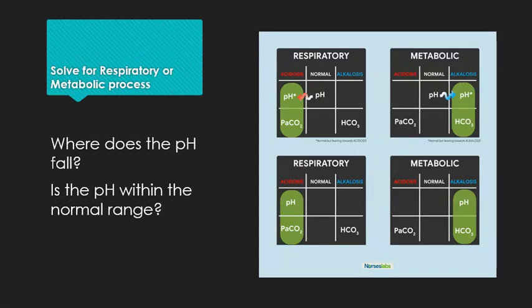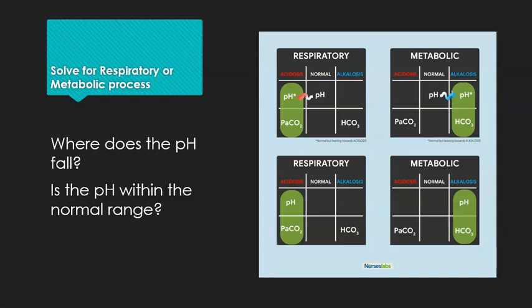Here's where we will solve for the actual respiratory versus metabolic process. Depending on where your PaCO2 value falls and your bicarb, or HCO3, value falls, this will indicate whether it is a respiratory or metabolic process.